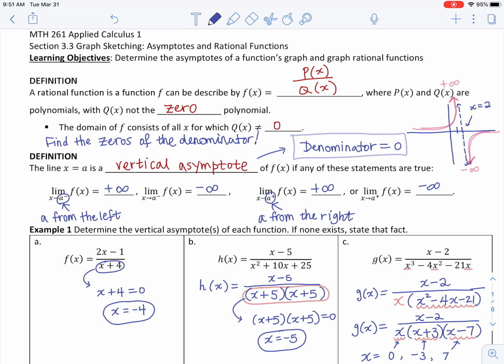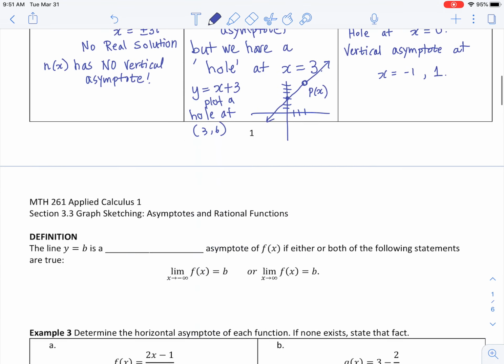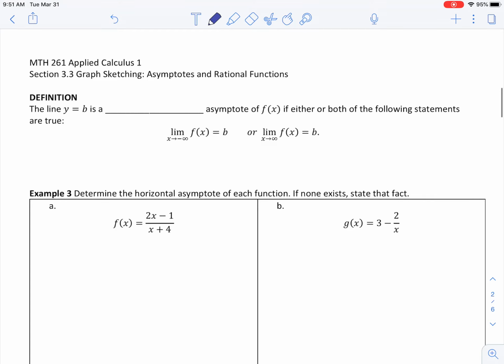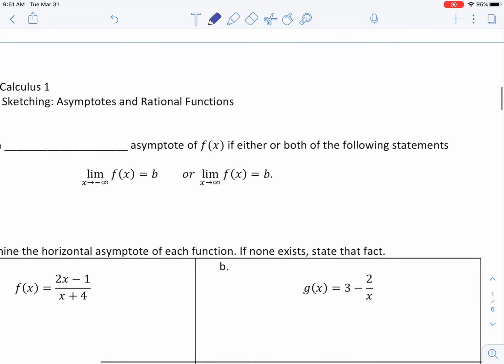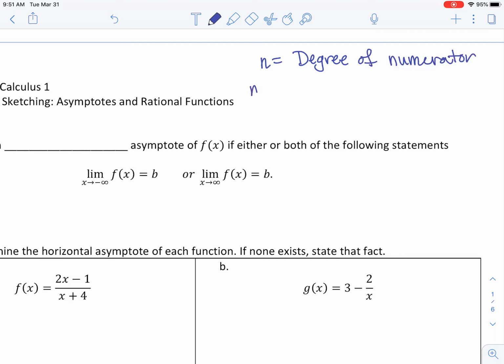Let's look at the second type of asymptote called horizontal asymptote, okay? Now, in pre-calculus in Math 161, you looked at horizontal asymptotes by cases. Remember that n equals the degree of the numerator and m equals the degree of the denominator.